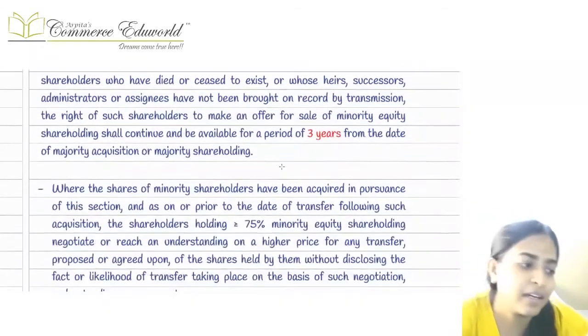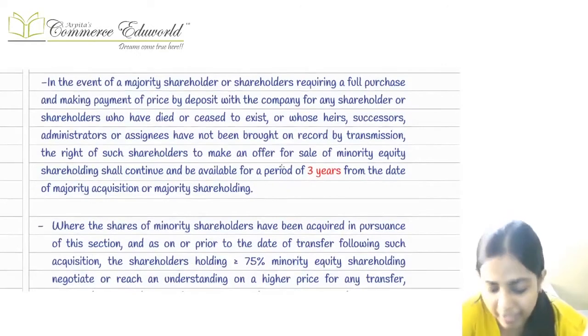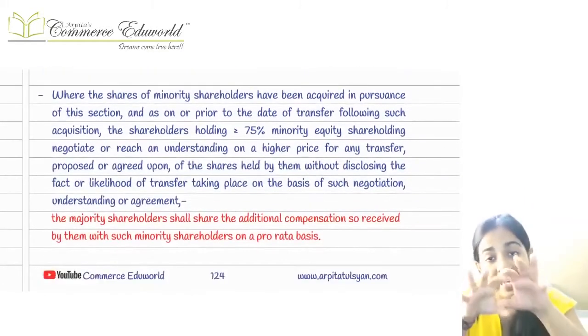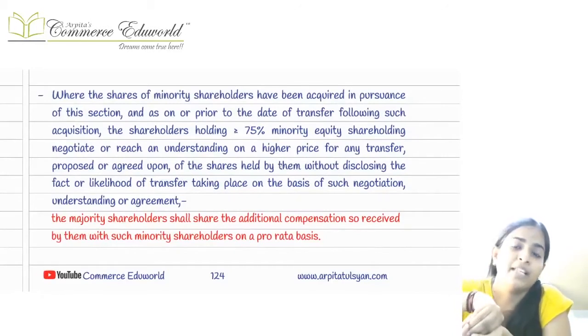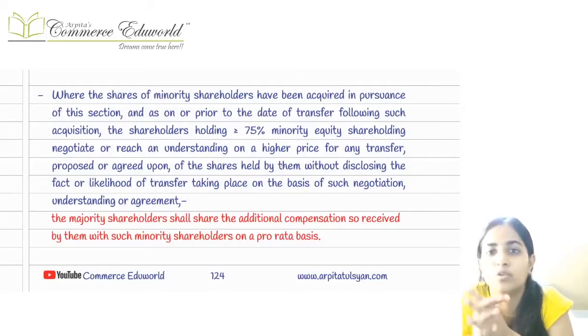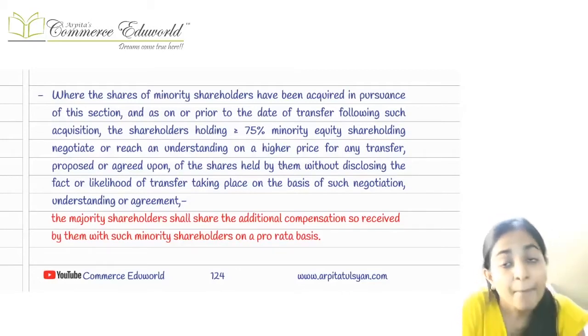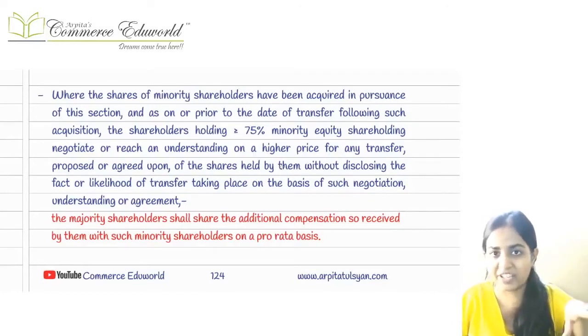Similarly, at the time of negotiation, in case of minorities, if a particular person is holding at least 75% of the minority share capital. See, the majority was holding at least 90%.